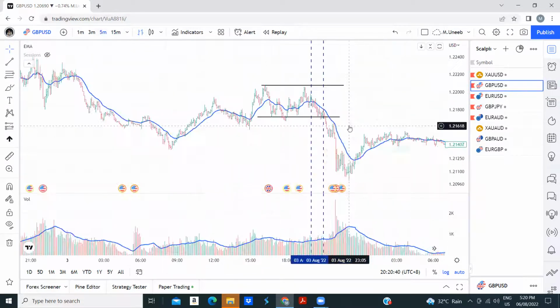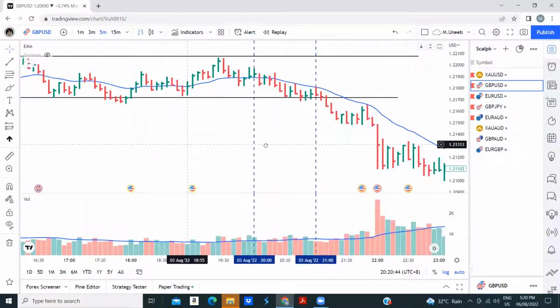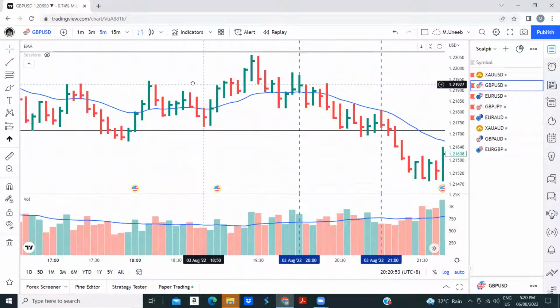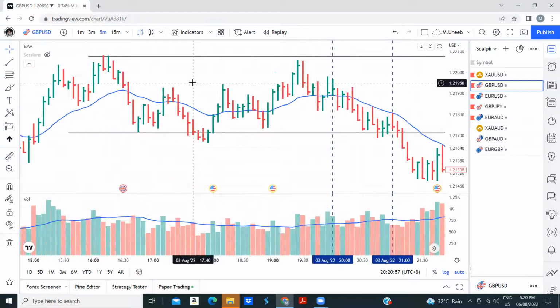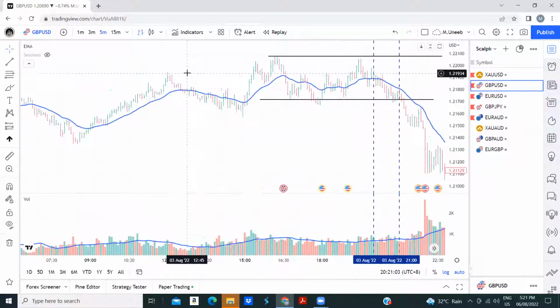Now tell me what other structure you can see. The price just makes a spring, goes up here, and then the price goes in a straight line, right? And then just before it, what do you observe? This whole range.